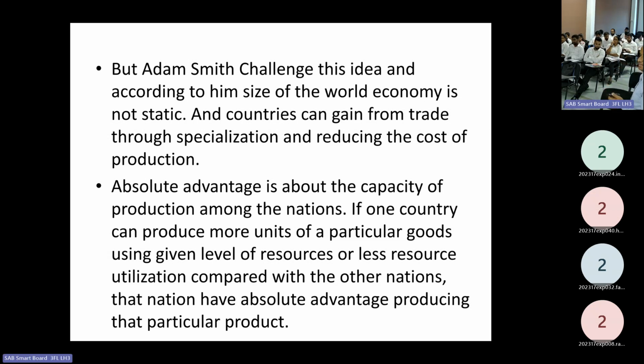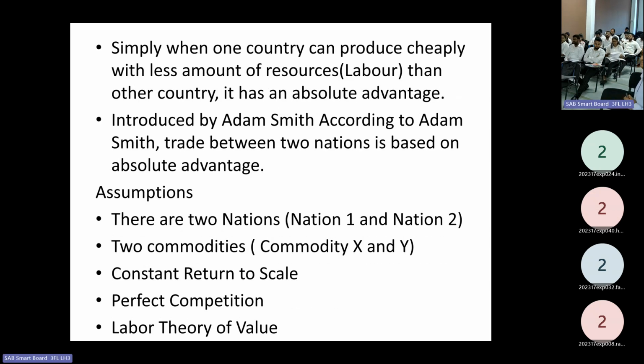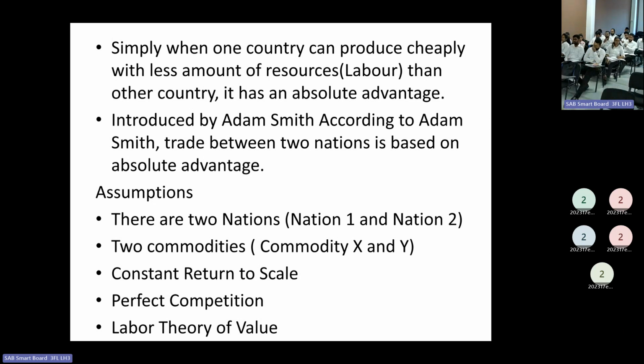So there we take the cost relative to the other nations, the absolute cost. That means if we can produce cheaply, cheaply means at a lower cost.